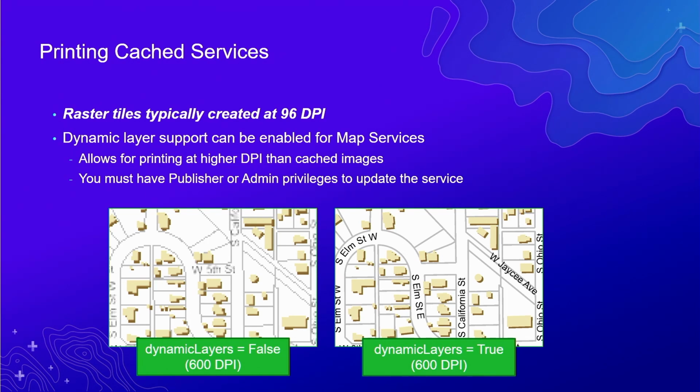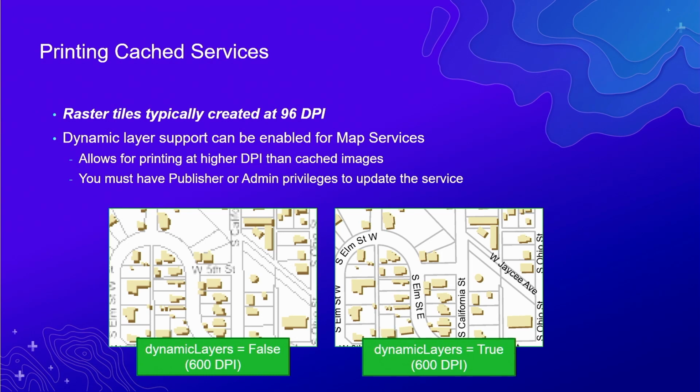You can work around this, though, with a raster cached service that has backing data behind it by enabling dynamic layers. If you enable dynamic layers on the map service, then we can print at a higher DPI by doing an export map image request against that service using the dynamic layer capability of the server.